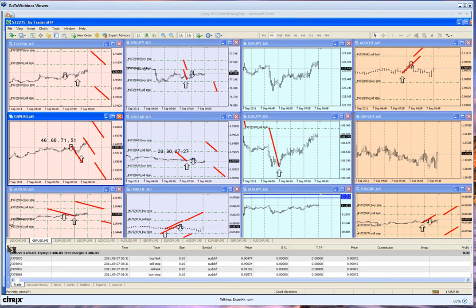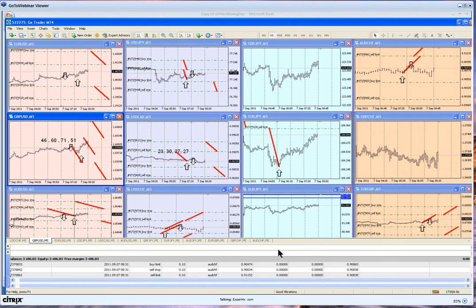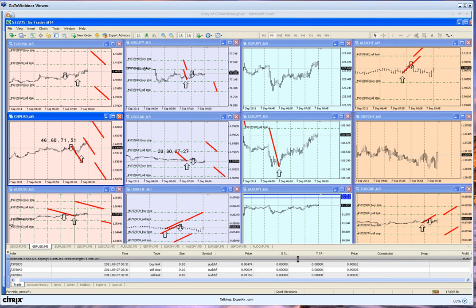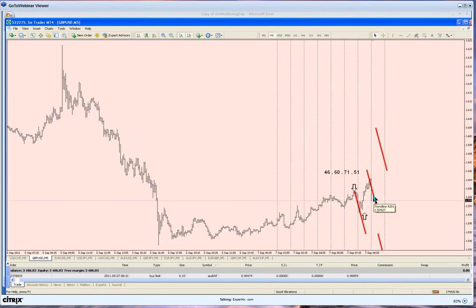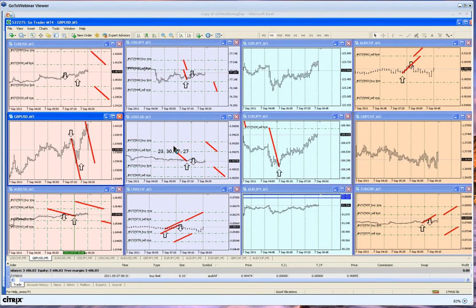Sometimes the market is pretty quiet, and that also suggests that I might have been too conservative with my vibration rate, but let's see how it turns out. Okay, the pound is moving now, so let's just leave it alone. It's still a little bit early.